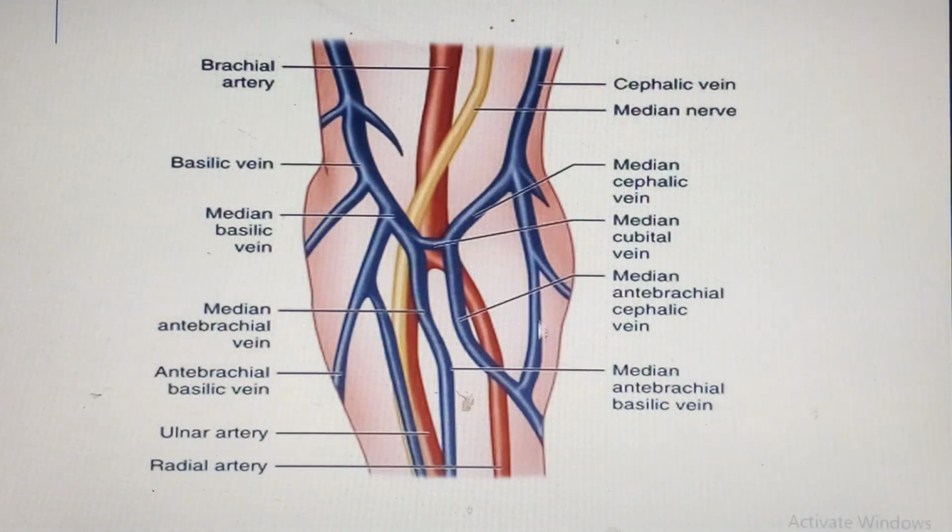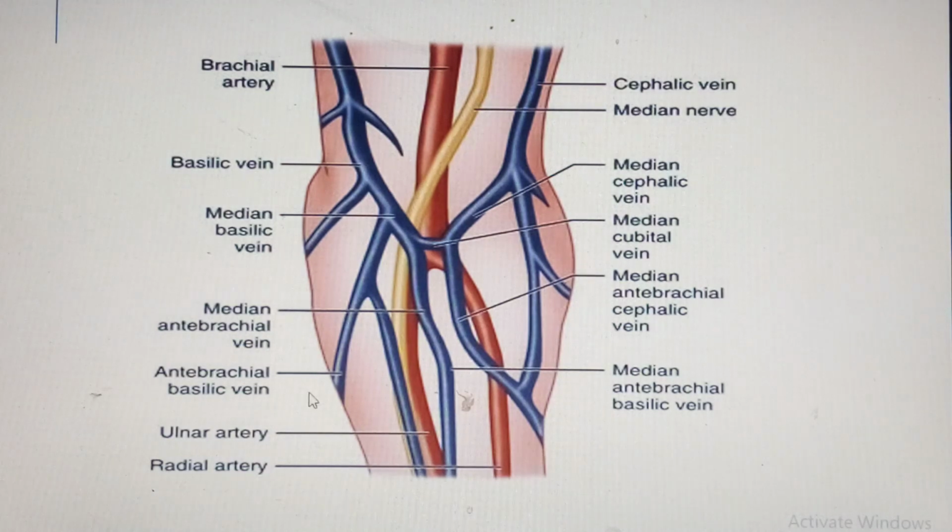The cephalic vein gets a tributary over here, getting closer to the median nerve, and that is the median cephalic vein of the forearm. Remember, veins have tributaries, not branches, so the lateral one drains into the median cephalic vein of the forearm.